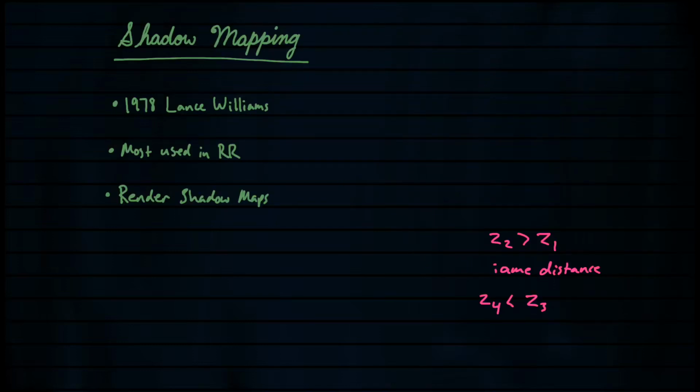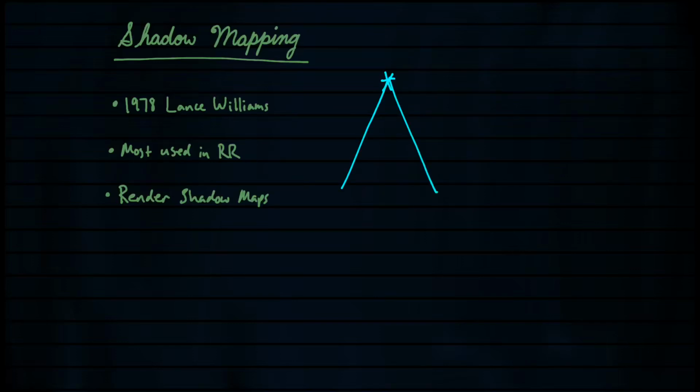The idea here is that the depth buffer typically has limited resolution, so you're dealing with numerical accuracy issues. So here's your light source. Let's just say this is what's visible, and we have an object here that is at an angle.